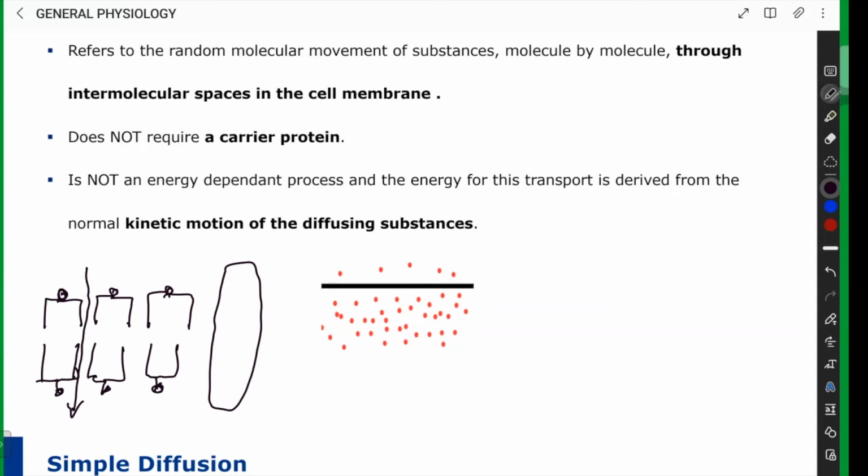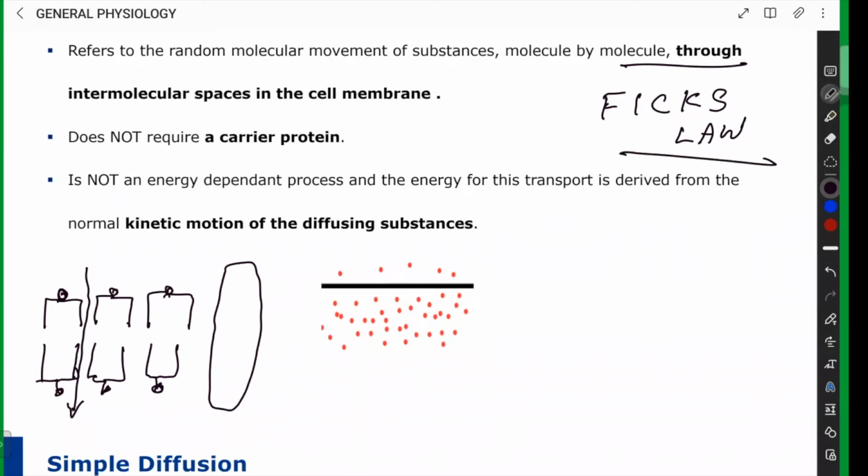So diffusion means movement of molecules from the higher area to a lower area. Who is going to govern the entire diffusion? It is governed by Fick's law. I'll tell you at the end of the discussion of diffusion what Fick's law is. Now, what is a simple diffusion?